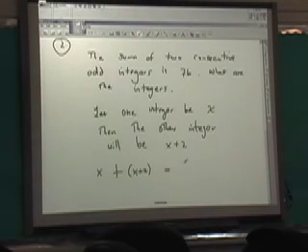What does it say it's equal to here? The sum of 2 consecutive odd integers is what? 76. There you go. So you see how I'm translating that? Because is is the same as equals, and sum is the plus sign. Does that make sense? And these are the consecutive odd integers.